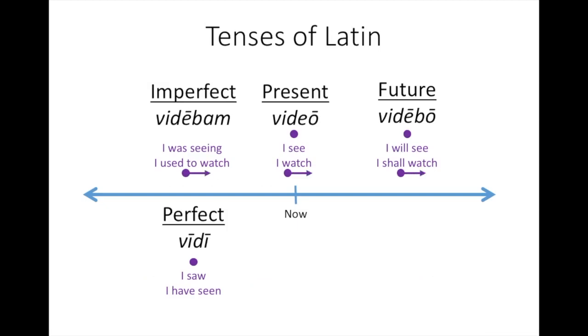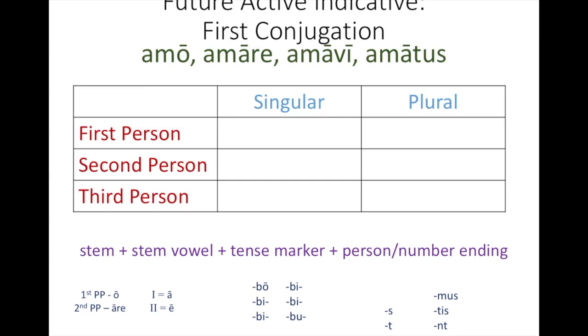Let's look at the other present system tense, the future tense. So remember, you can translate this as either I will see or I shall see, videbo. Just like your imperfect tense, the future tense has your present stem vowel, your tense marker, and the person and number endings. Here, your tense marker is BO, BI, BU.